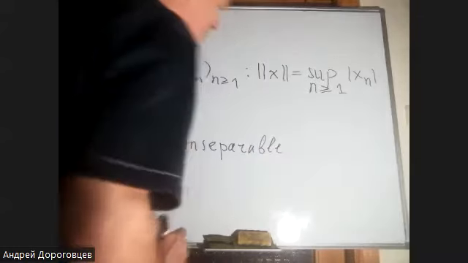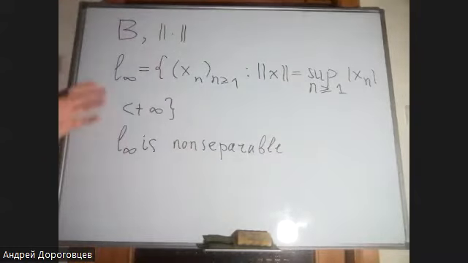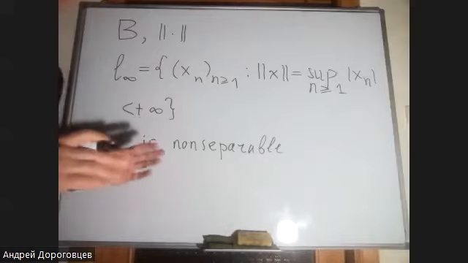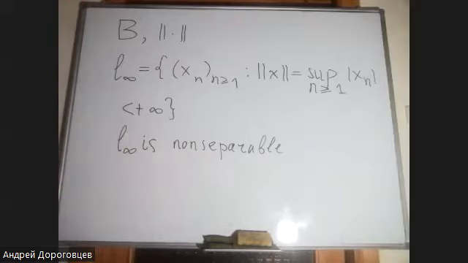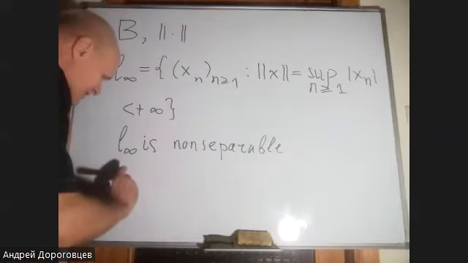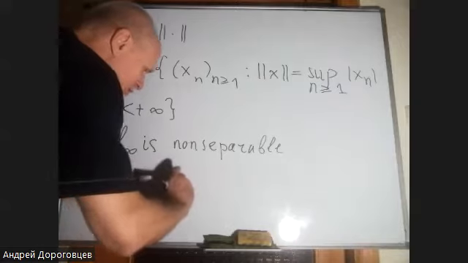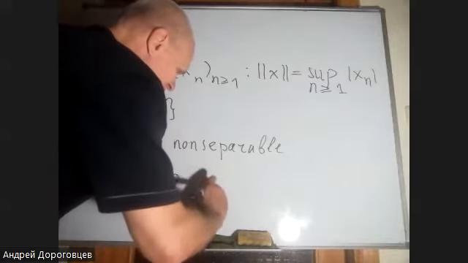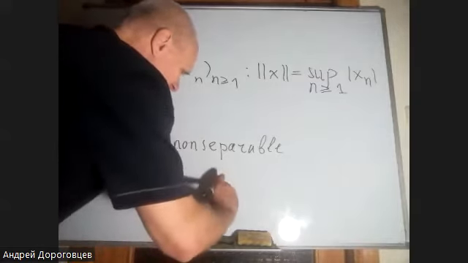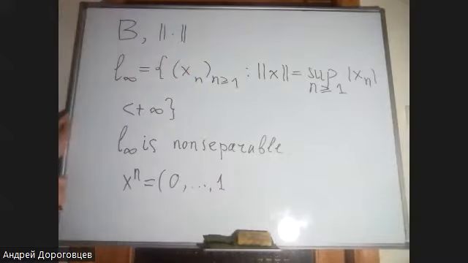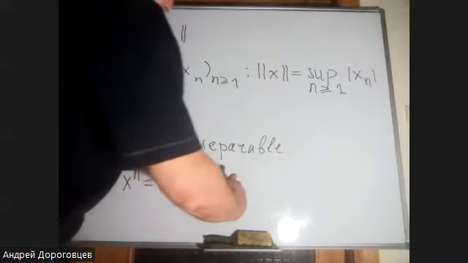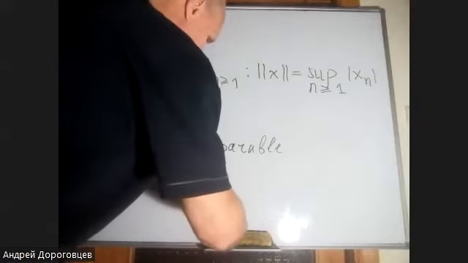The evident reason why it is so is the following. We can consider coordinate vectors. Let us consider vectors x_n, which consist of all zero coordinates, and only one on the place n.